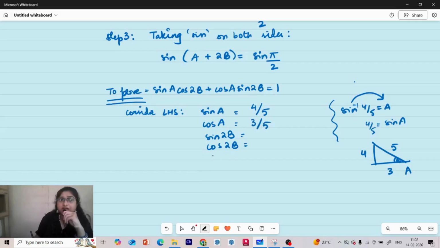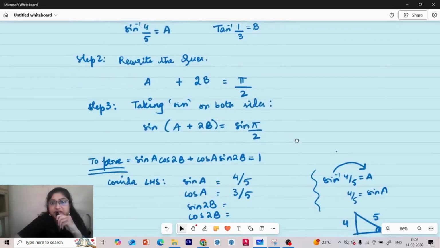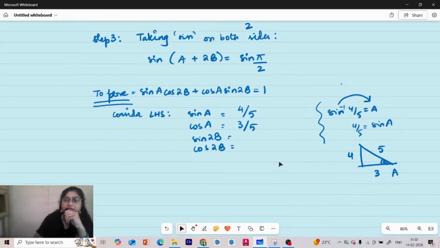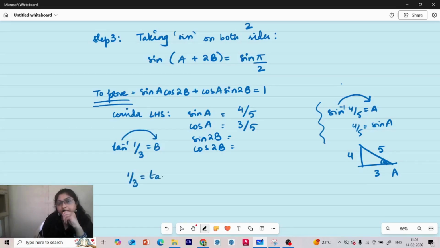Alright, now we have to find the values of sin 2b and cos 2b, for which we know that tan inverse 1 by 3 is b. If I take tan to the other side, I will get 1 by 3 is equal to tan b. With tan b, can I find out sin 2b? What is sin 2b in terms of tan?